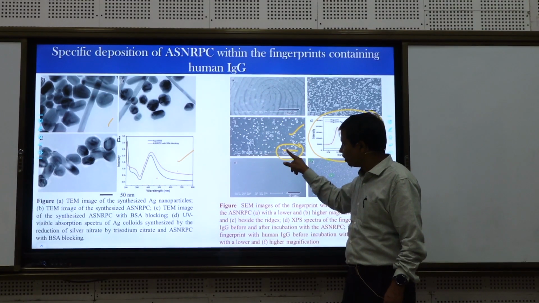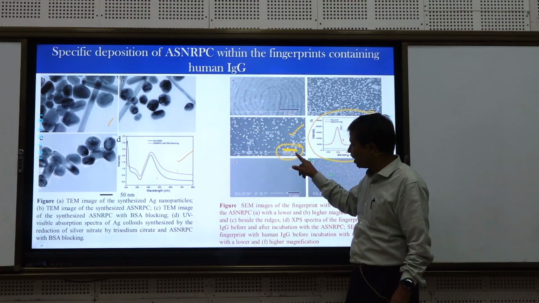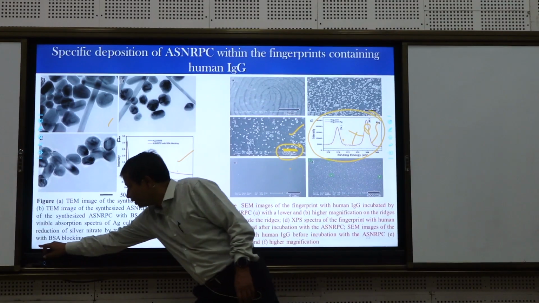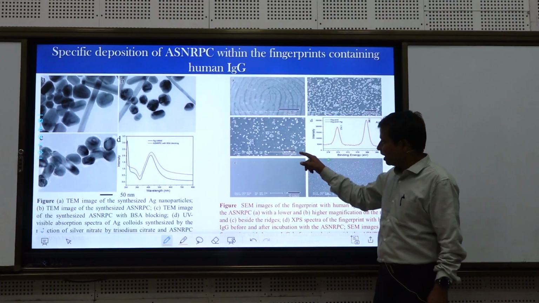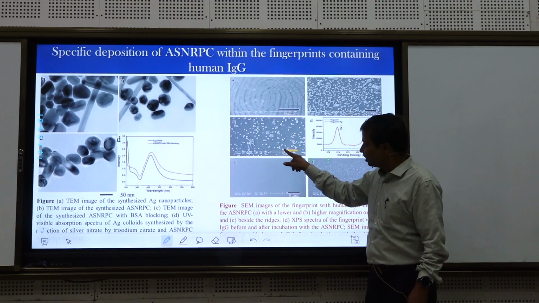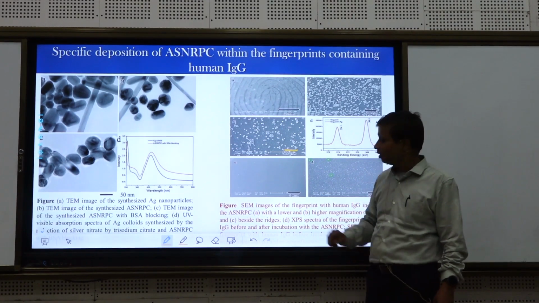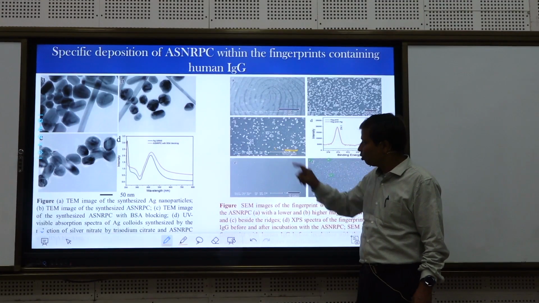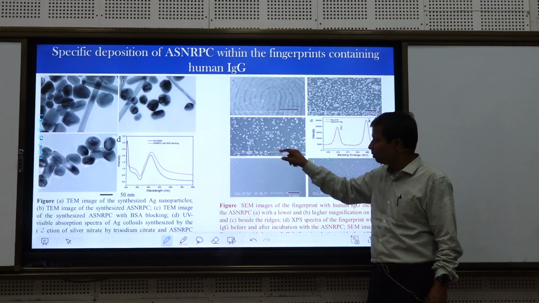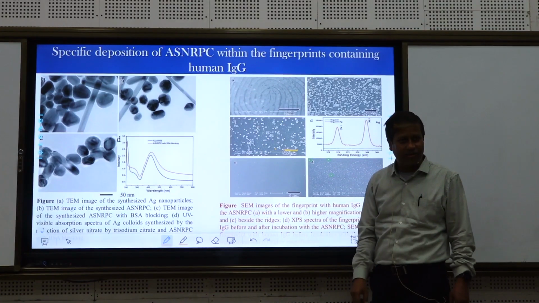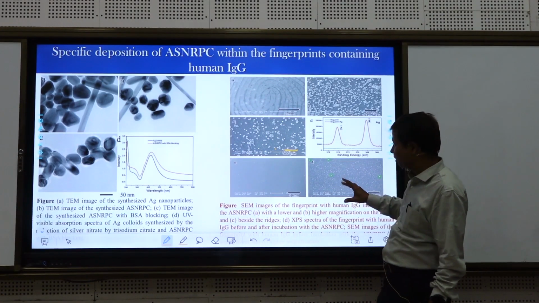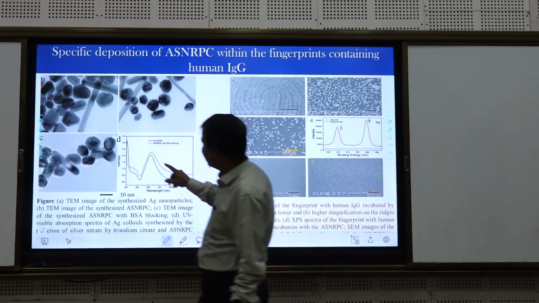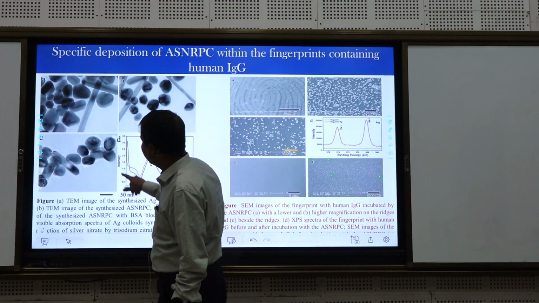So this size is important, this bar is important. Now this bar says that this much distance is 500 nanometer. And what will be the size of this? You can approximately find out. Usually they give a bigger one. Here also a bar should be there.